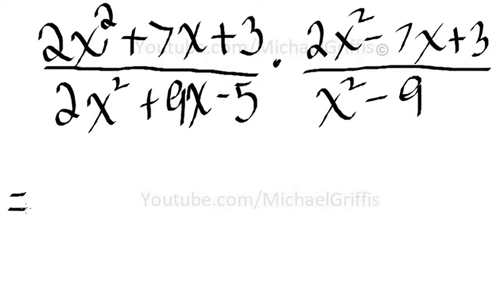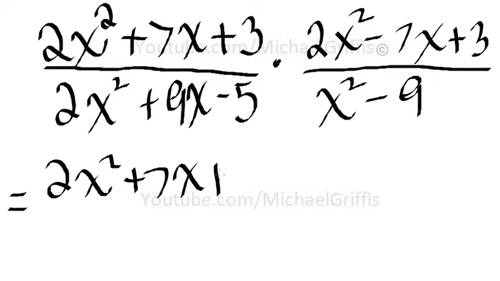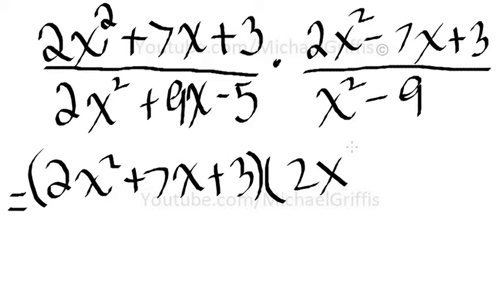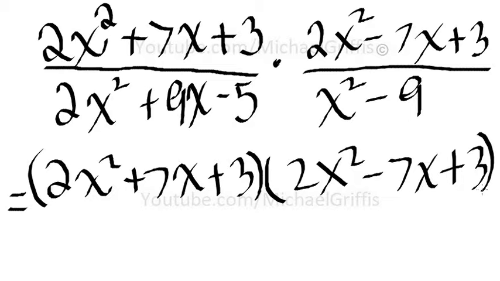Okay. What I'm going to do is just rewrite all this. 2x squared plus 7x plus 3. I'm going to put parentheses around it since we multiplied the numerators. Make sure I wrote that right. So what's the difference between those two?